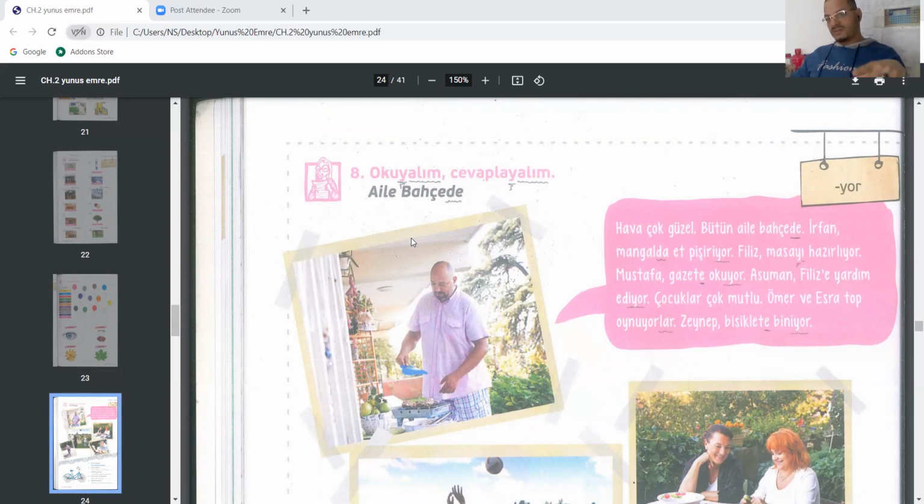The important thing is to be able to make a fire, to be able to cook the food. This is the mangal in the Turkish language. This is the mangal, to be able to cook, to do the barbecue.